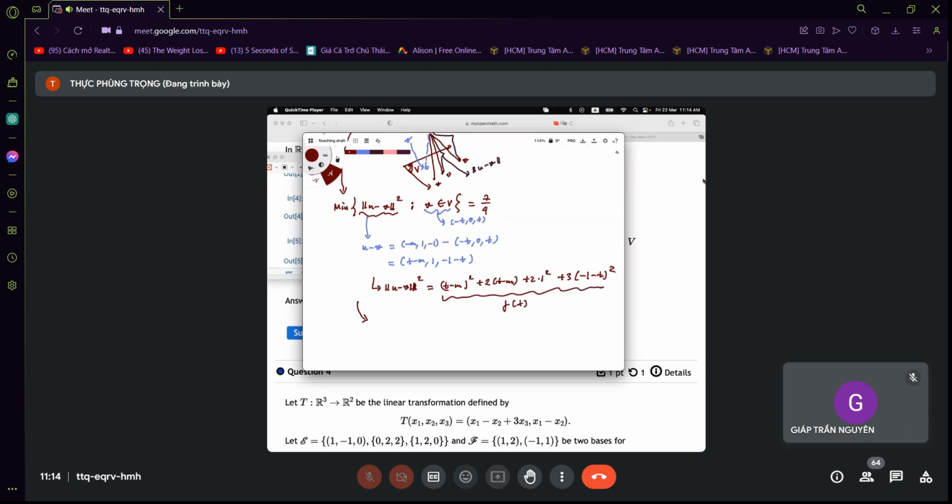So the min of f of t, for t any number, because v in the subspace V means t can be any number. So the min of this one happens when f prime of t is 0.